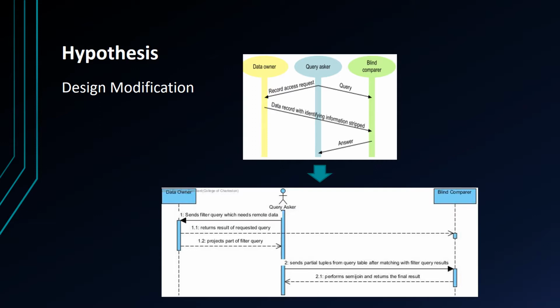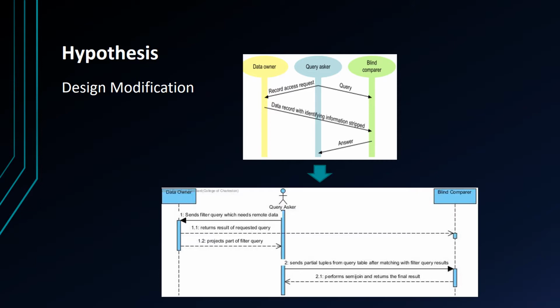Now the data owner is instructed to do two things: one, send the complete query result to the blind comparer, and second, send a part of the query back to the query asker, which is only the projection of that attribute which appears in the where clause, only that predicate which appears in the where clause of the filter query.